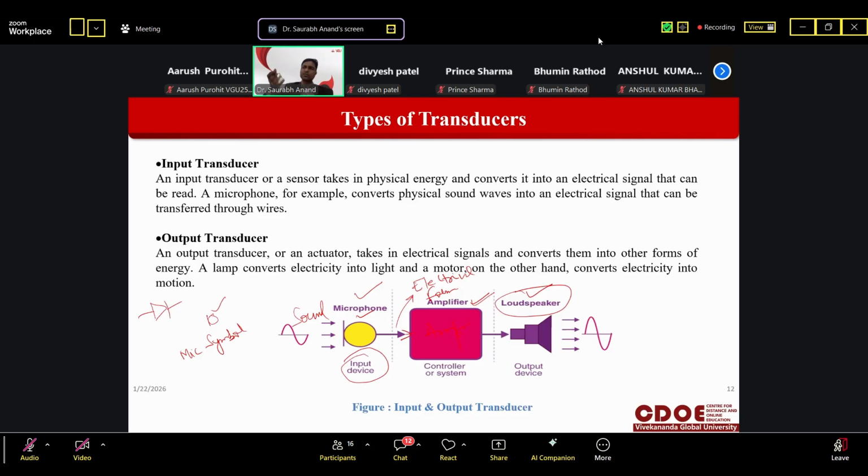Whenever we use a loudspeaker, we do not connect the microphone directly with the speaker. Between both devices we use an amplifier.